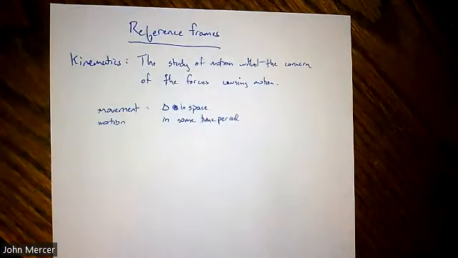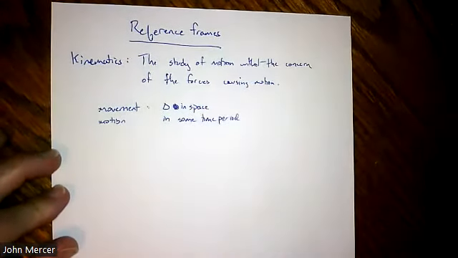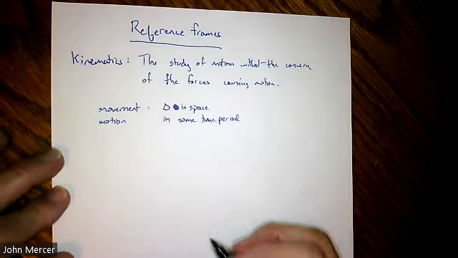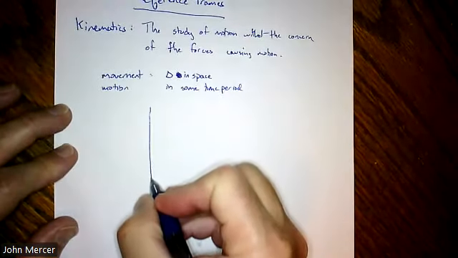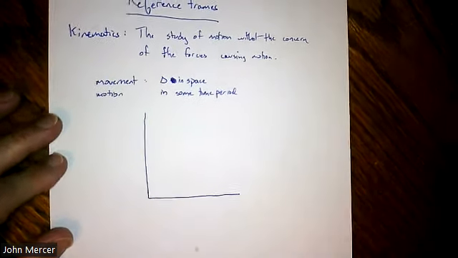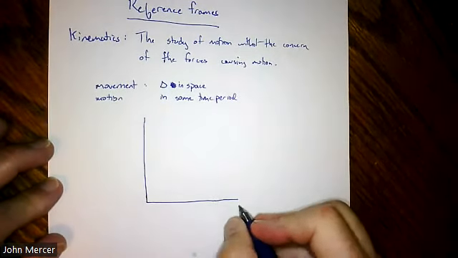So when we're describing some motion, we're talking about movement, change in position in some time period. In order to quantify that movement, we need a reference frame. And a reference frame, all I mean is to set up what you've probably looked at in math or maybe high school physics or even physics in college, a coordinate system.